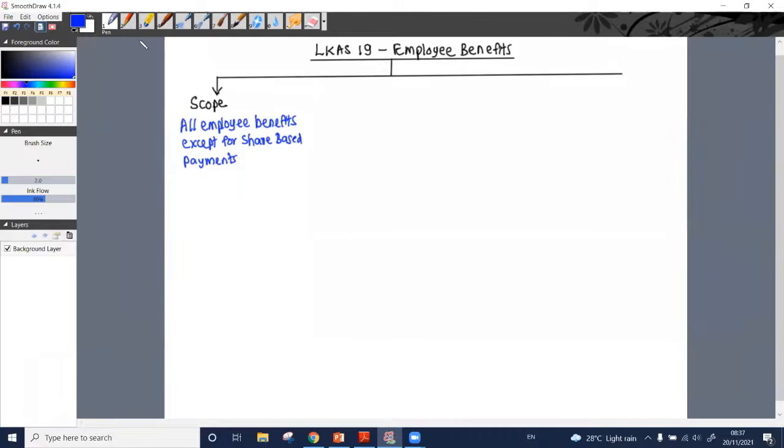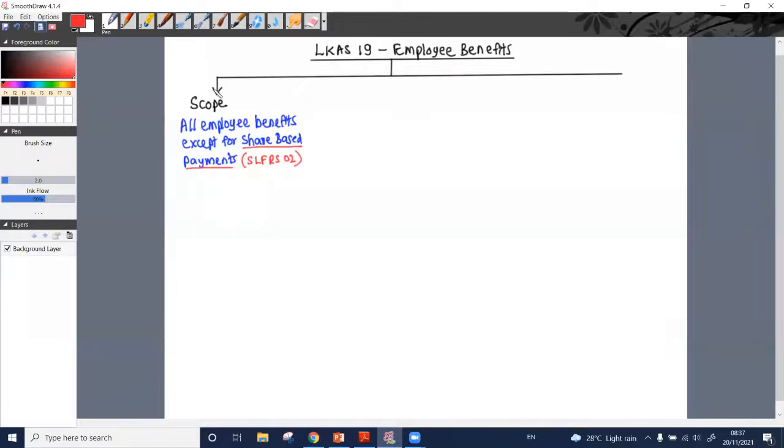Why are they specifically excluding share-based payments? Because that is addressed not under LKAS 19 but under SLFRS 2. There is a separate standard for share-based payments. That is why we specifically exclude this particular benefit received by the employees.